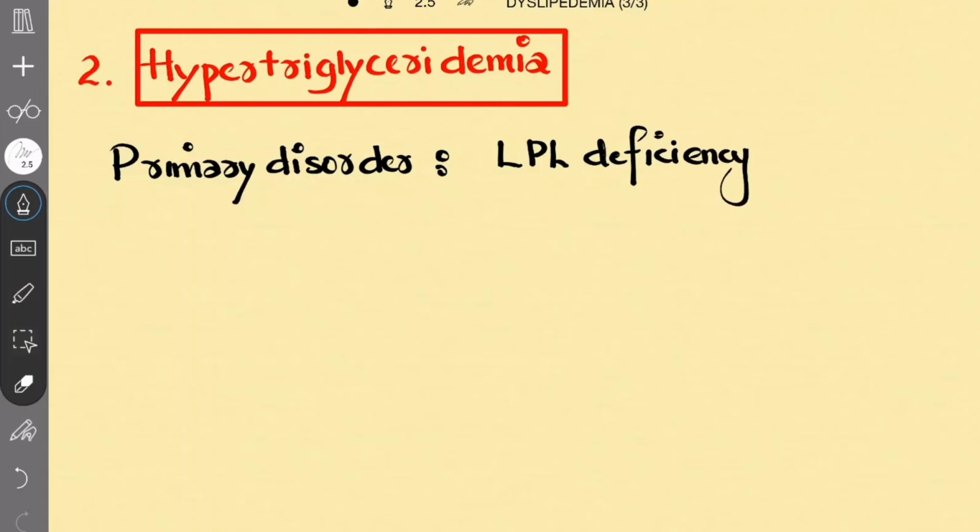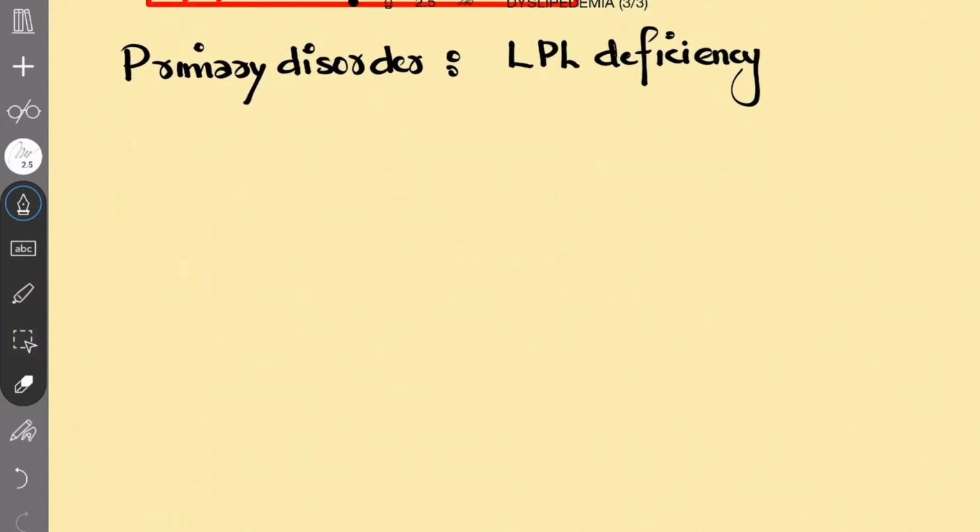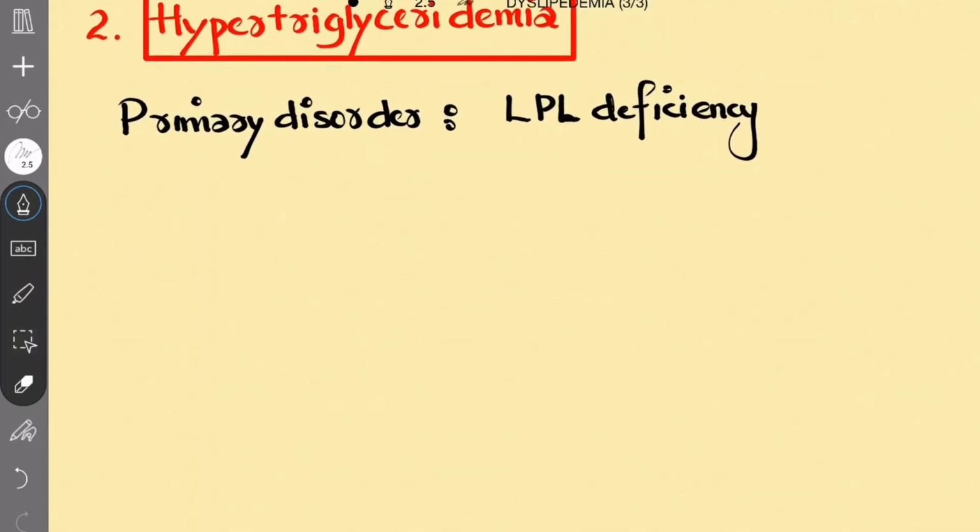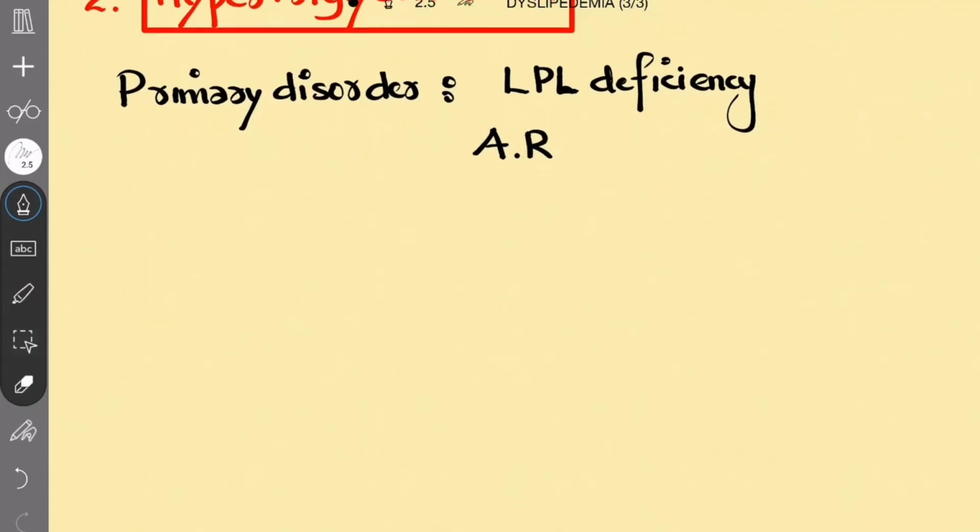What is lipoprotein lipase? It is an autosomal recessive disorder of lipid metabolism, characterized by severe elevation of triglycerides and chylomicrons. Early diagnosis and early dietary modification should be done in such conditions.